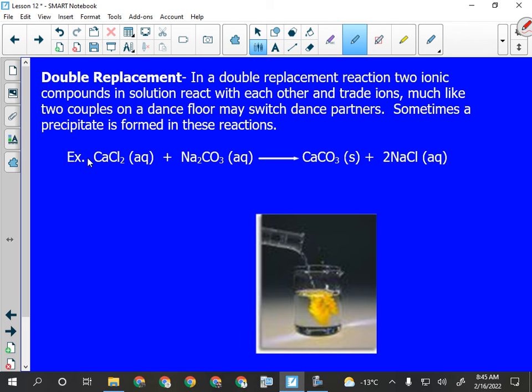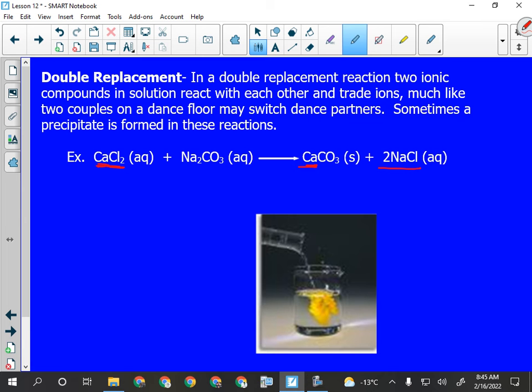Let's just walk through it. The easiest thing to do is to just walk through it. How many calcium atoms are there right here? One. How many calcium atoms are over here? One. So calcium's good. How many chlorine atoms are there? Two. How many chlorine atoms over here? Two. The two means there's two sodium chloride molecules. How many sodium are there right here? Two. How many over here?